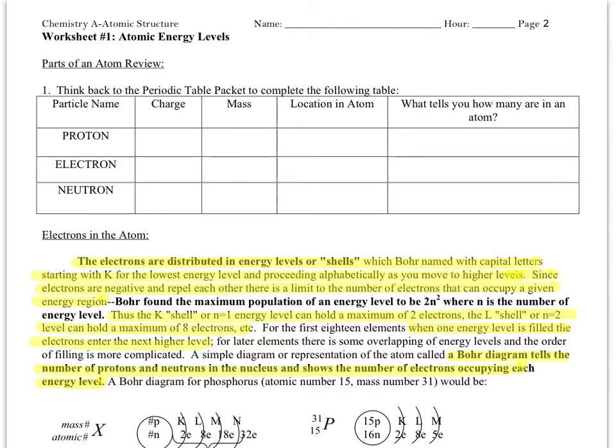This Bohr diagram that we'll start with today is going to be the most basic. It's like the stick figure equivalent of an atom, right? When you're trying to represent a person, a lot of times you'll just draw a stick figure. And we all know that a person doesn't really look like a stick figure, but sometimes for your purposes, drawing a stick figure is enough to represent what you're trying to show.